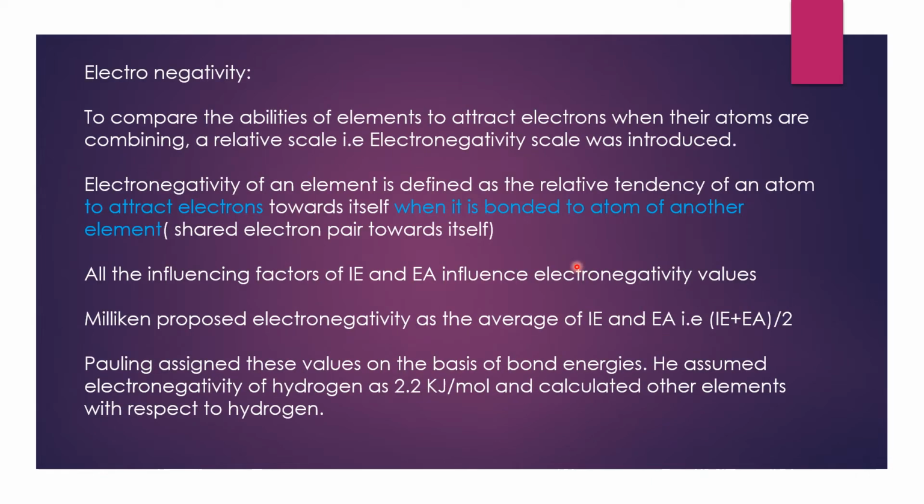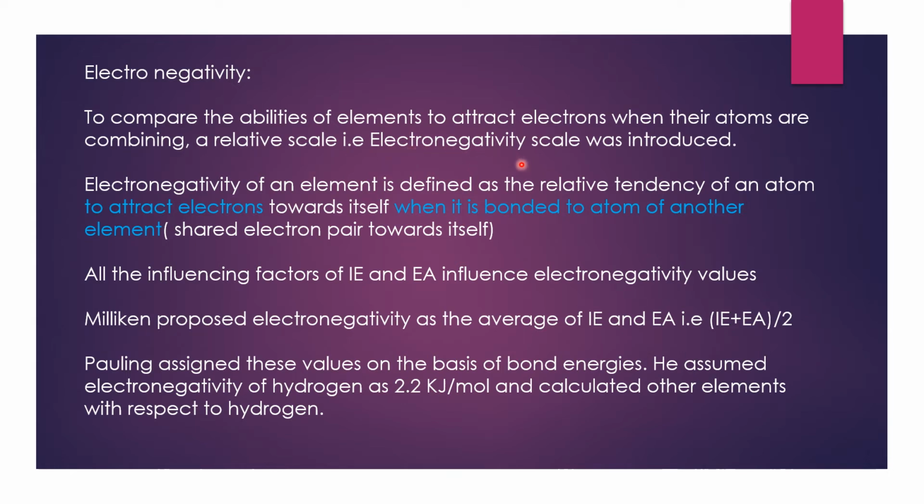Now let's see the other factor, that is electronegativity. Here we compare the abilities of elements to attract electrons when their atoms are combining. When atoms are combining, there is a need to compare the abilities of the elements. This ability can be compared with a relative scale which is known as the electronegativity scale.